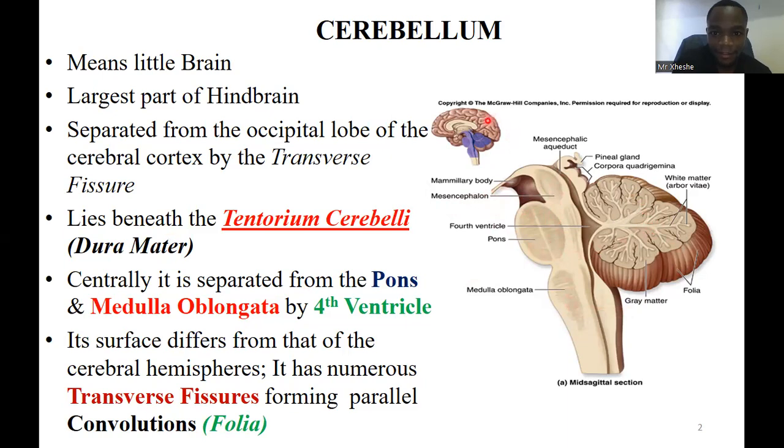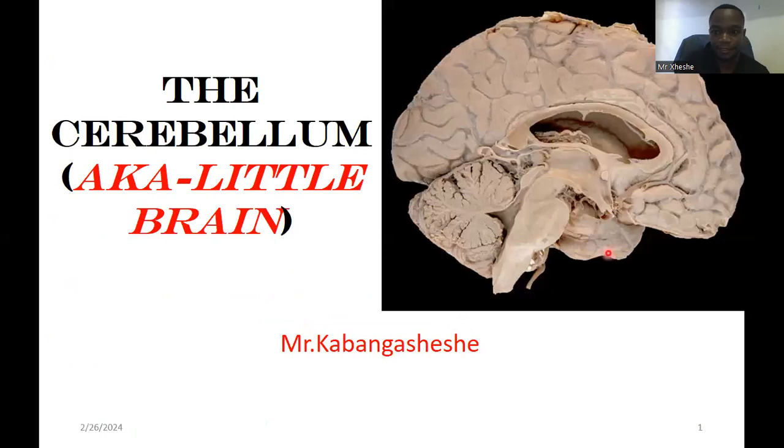Then this is the cerebrum, plus the diencephalon, which forms the forebrain. This is the diencephalon here. If you add the cerebrum and its associated structures, that is the forebrain.